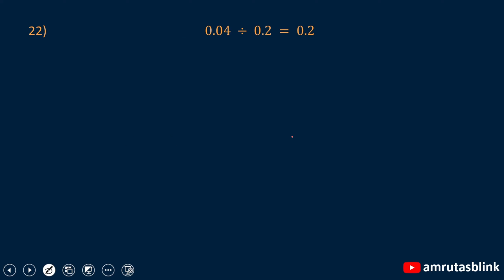0.04 divided by 0.2 is equal to 0.2. Now here also we will verify 0.04 divided by 0.2. Now here we need to shift this decimal point towards the right by one place. So we will multiply numerator and denominator by 10.